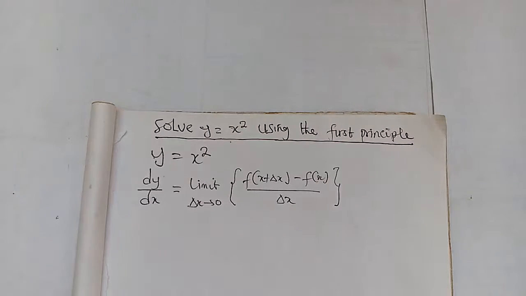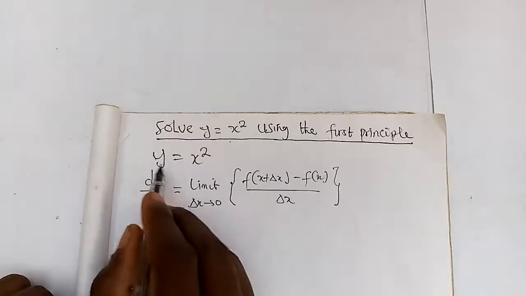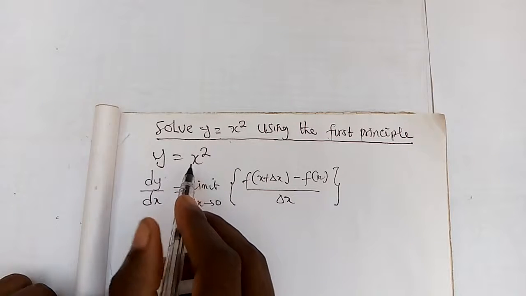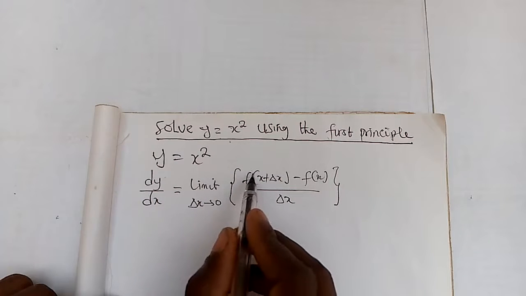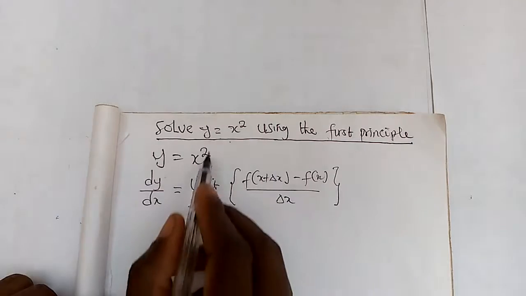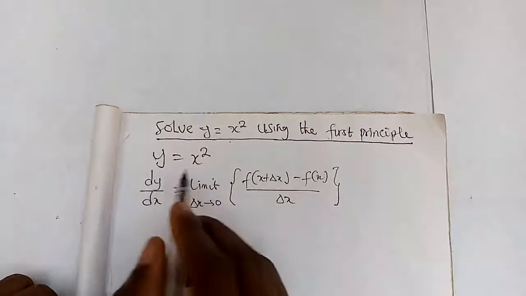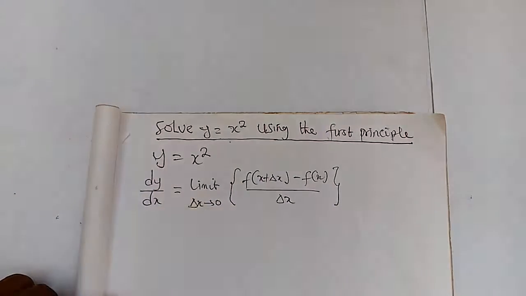So now I'll do that: y is equal to x squared. Here, the f will be replaced by the function, so the function y is equal to x squared.